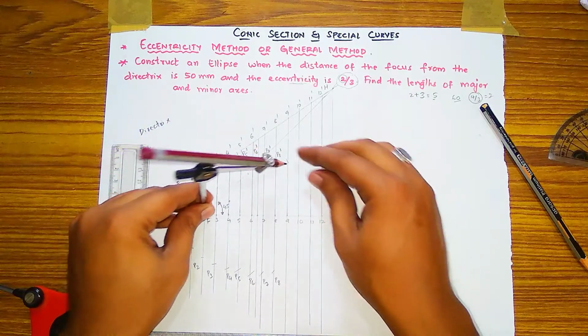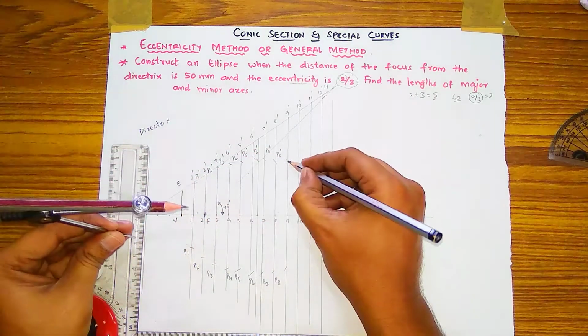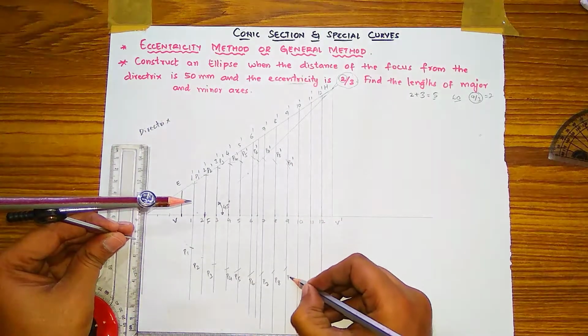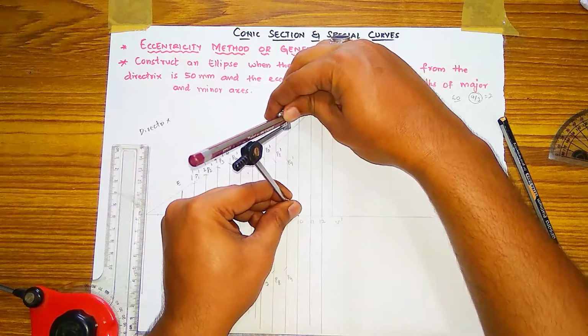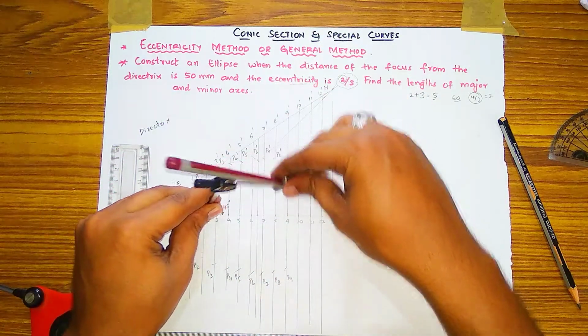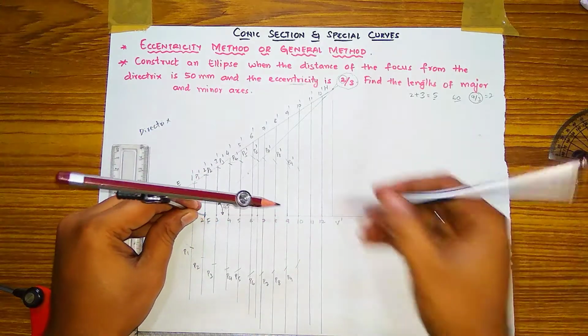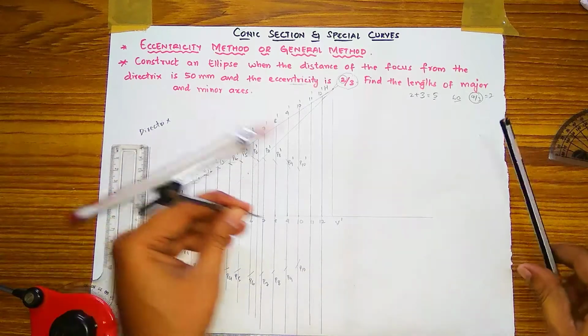Carefully measure it and do it. This will be P9 dash, P9. Now 10. P10 dash, P10.